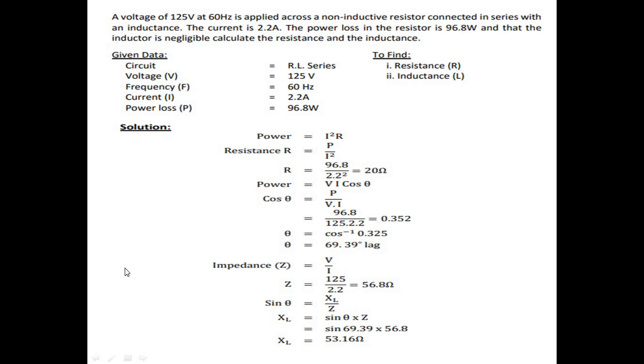Then impedance is equal to V divided by I, 125 divided by 2.2, which is 56.8 ohm. Here sin theta is XL divided by Z, so XL is equal to sin theta into Z. Here XL is equal to 53.16 ohm. Thank you.